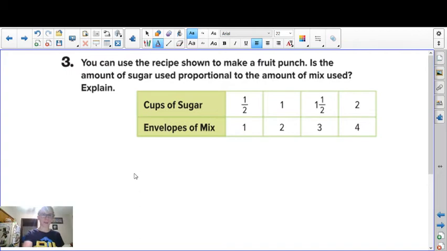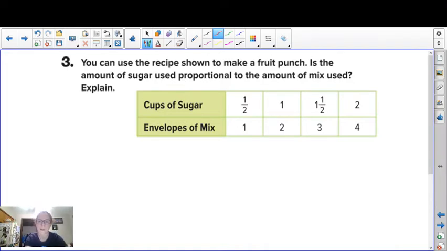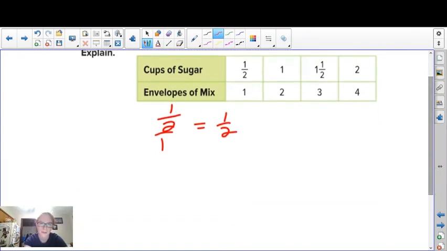So just to double check with this one, I wanted to go through it because I know you are dividing fractions. It's talking about the amount of sugar to mix. So technically you would divide a half by 1, which is a half. Then you would take 1 divided by 2, which is a half.